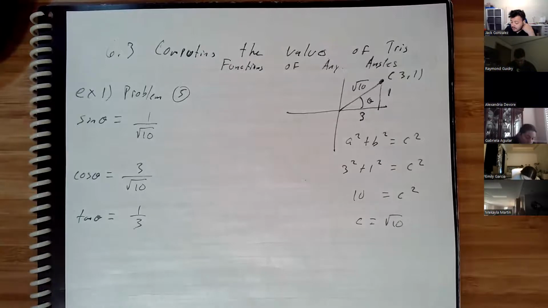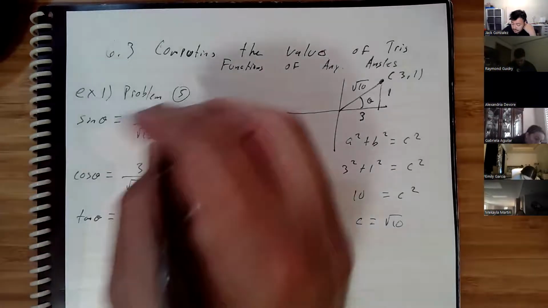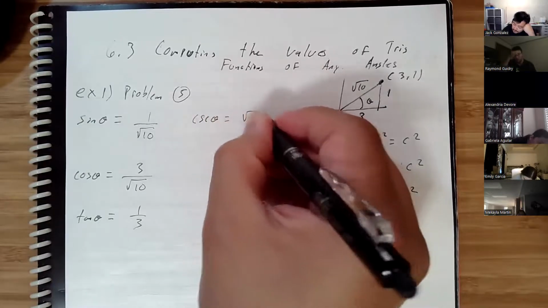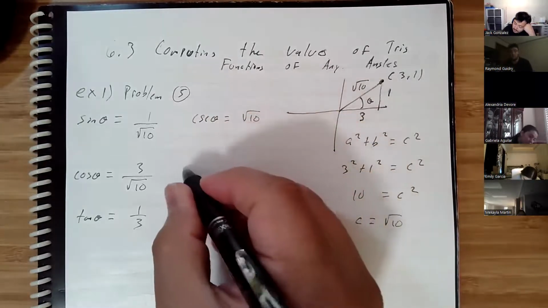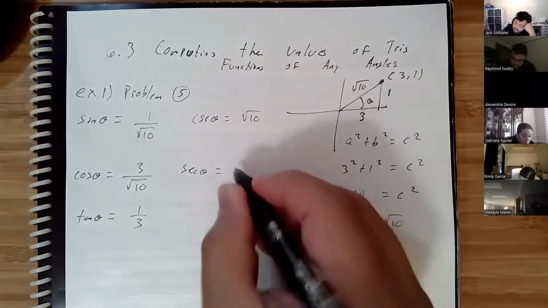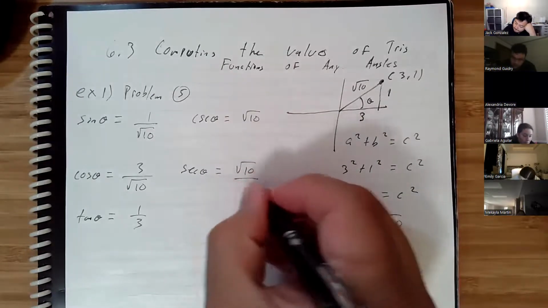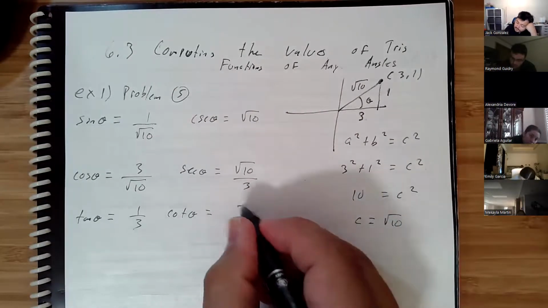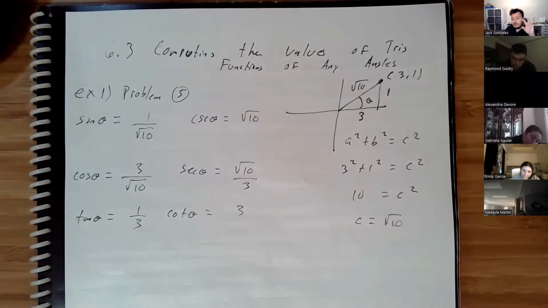Reciprocal of sine would be cosecant. So flip over the square root 10. Reciprocal of cosine is secant. So flip over the cosine. Cotangent is the reciprocal of tan. So flip over the 3. 3 over 1 is 3.